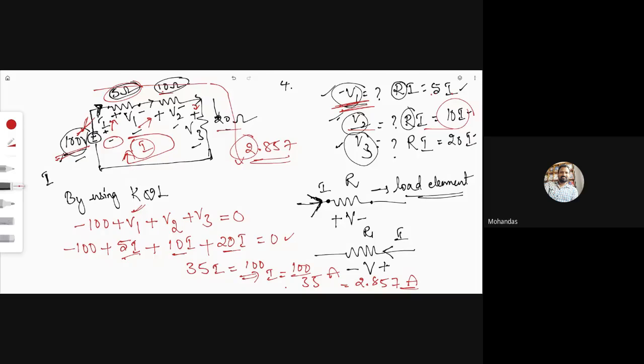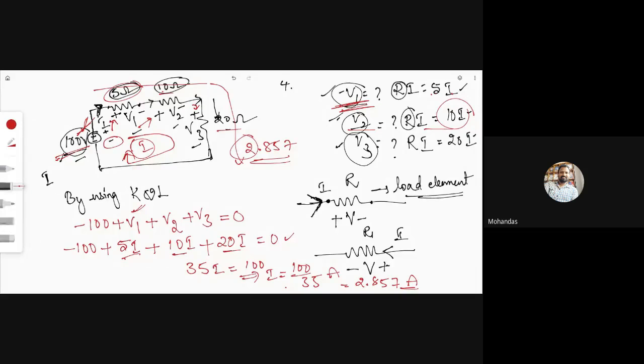Shravan 188, please tell me the V1 value here. All of you note down that problem.